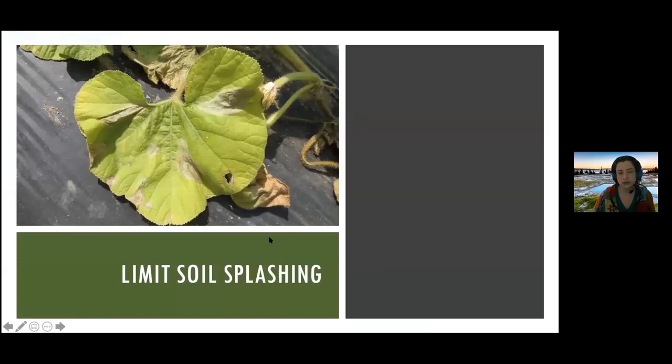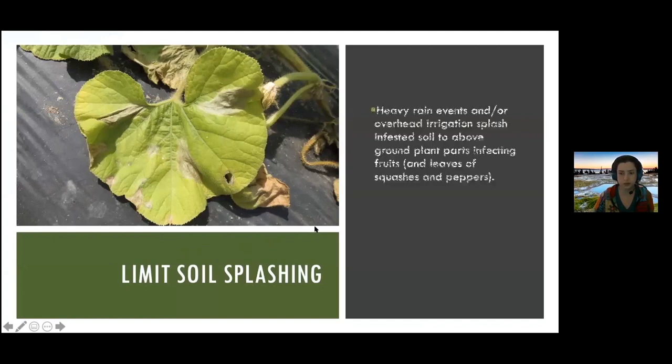The other thing that really helps is finding ways to limit soil splashing, which is a little bit challenging because mulch would only do so much. So having raised beds and plastic mulch is a good idea to protect a little bit from that splashing. That said, typically in the watermelon situation your fruit is sitting in between the rows, as Gordon was mentioning.